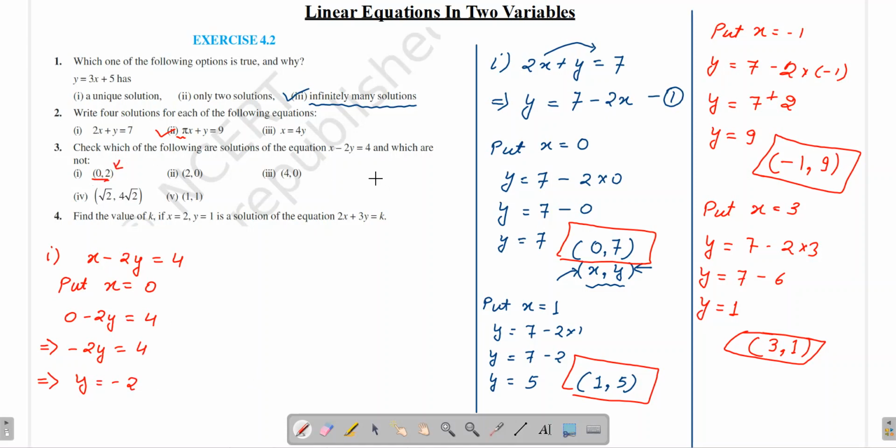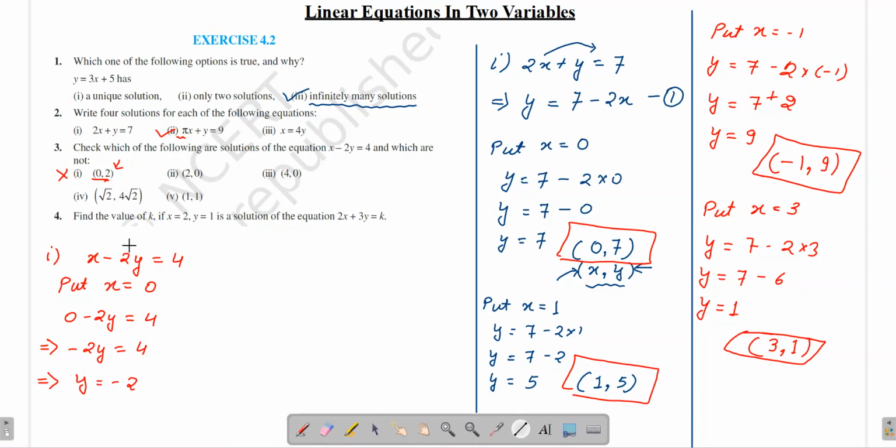But in the question it is written plus 2, means this is not a solution of the equation. Same way you can try for the others also, that is for your practice.